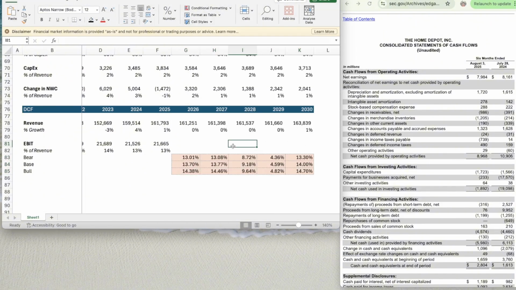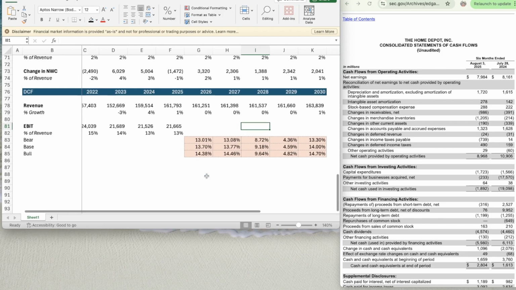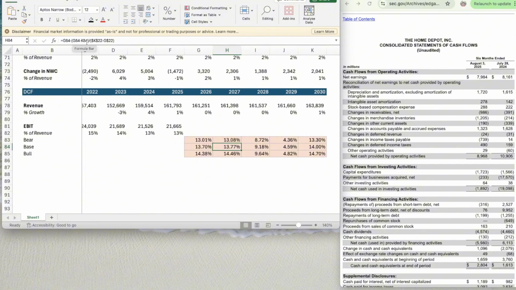There we go. Cool. But these haven't worked, have they? No. Okay, that's fine. G84, K84.